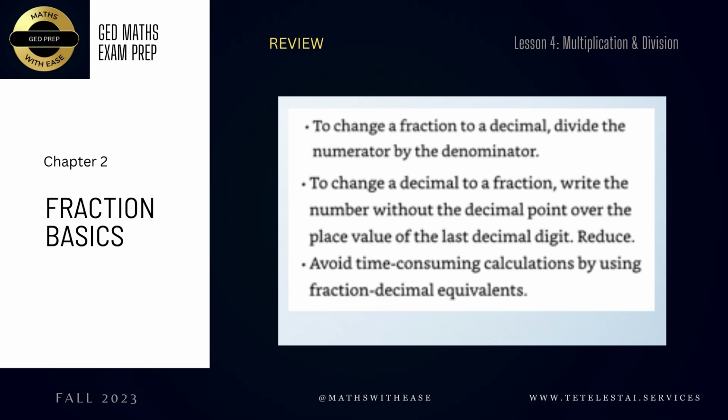To change a fraction to a decimal, you simply need to divide the numerator by the denominator. To change a decimal number into a fraction, you want to write out the number without the decimal point, as we saw earlier in one of the examples.